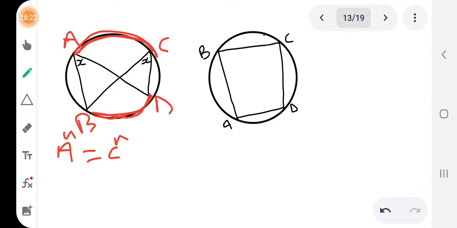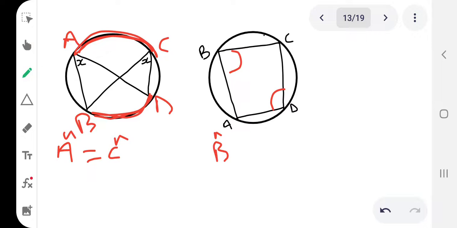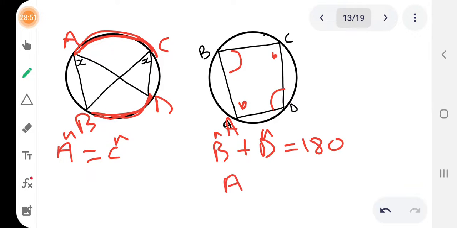In this case, they're saying angle B plus angle D is equal to 180 degrees, and also angle A plus angle C is equal to 180 degrees.